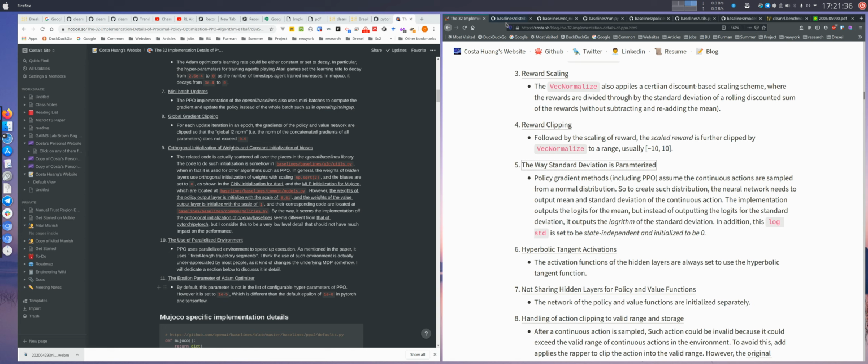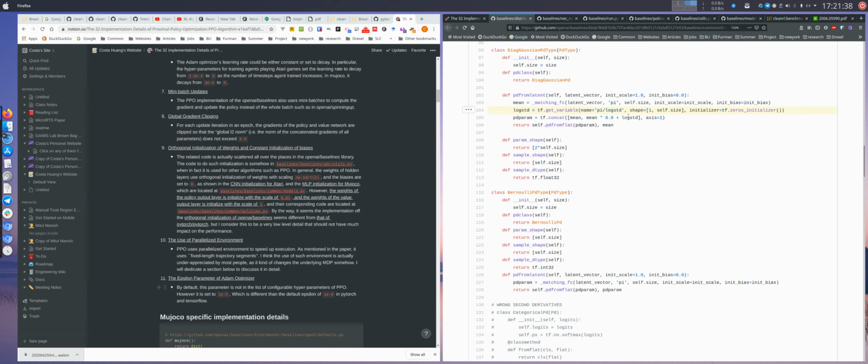What that means is if you open it up, what you'll find is that it creates mean and log of the standard deviation, and that is initialized with the 0 initializer. Right. Yes.